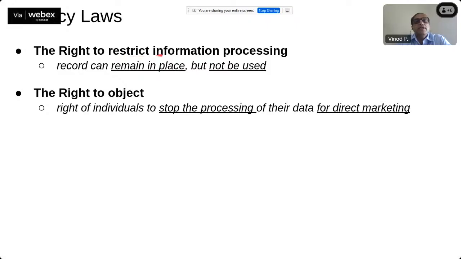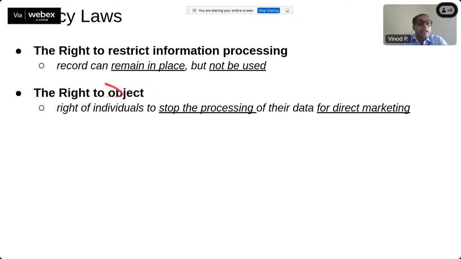Then right to restrict information processing, which means a user can say, okay, you can collect my data, but it should not be used for advertisement, surveys, or analytics. It can be kept in place, but extra knowledge should not be extracted through that data.